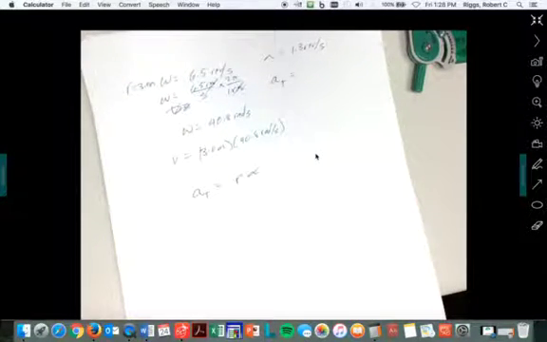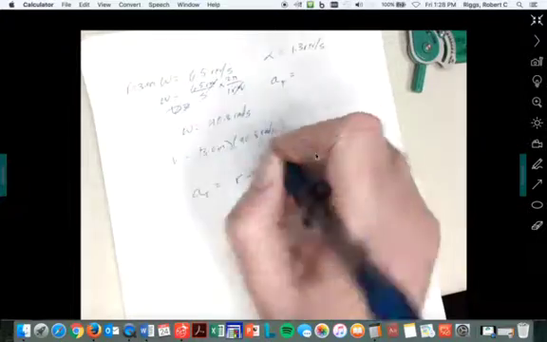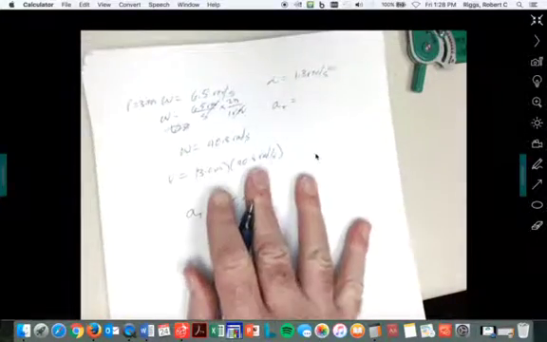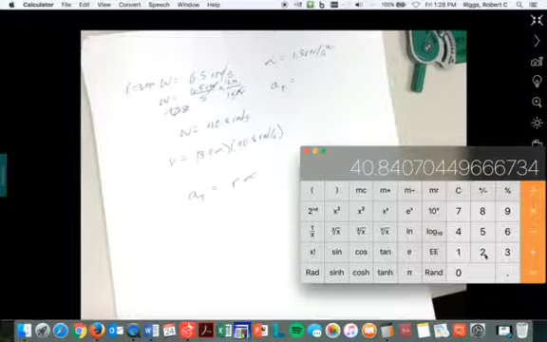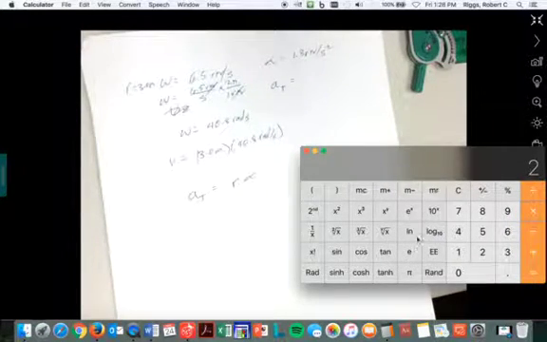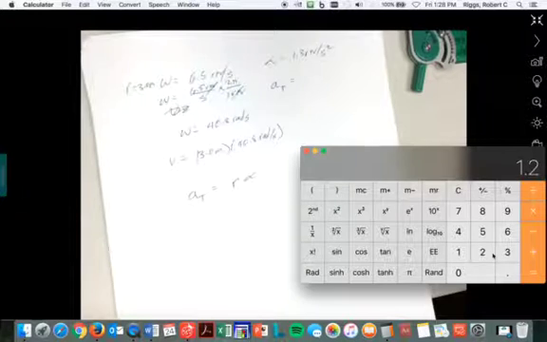So when something is going around in a circle, they gave us revolutions per second squared, so we've got to do the same thing again with that: 2 times pi times 1.3, which is about 8.1. Let's just round it.